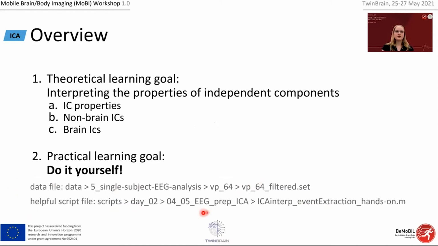I would be happy if you can state after 1 hour: I know the properties of the independent components, and I can separate non-brain components from brain components, and have a feeling of what is a likely source of the activity that leads to an independent component.